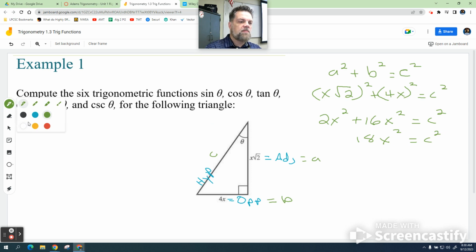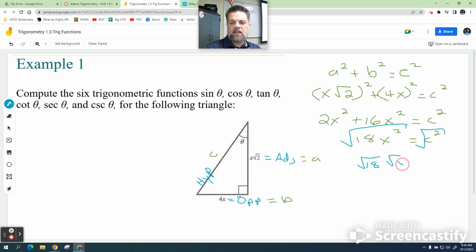Now the next step, algebraically, is I need to take the square root of both sides. So then I end up with the square root of 18 times the square root of x squared equals C. Well, the square root of x squared is just x.